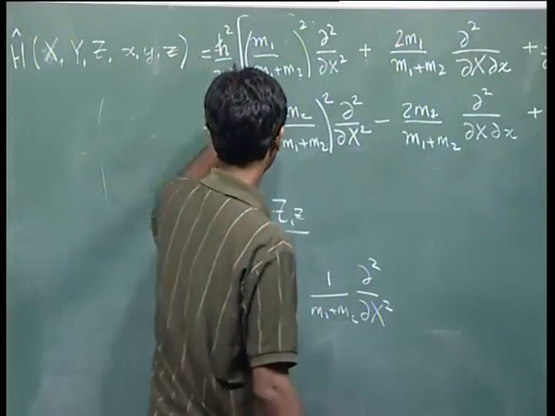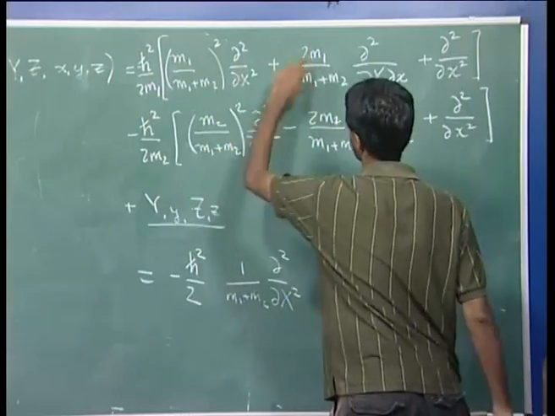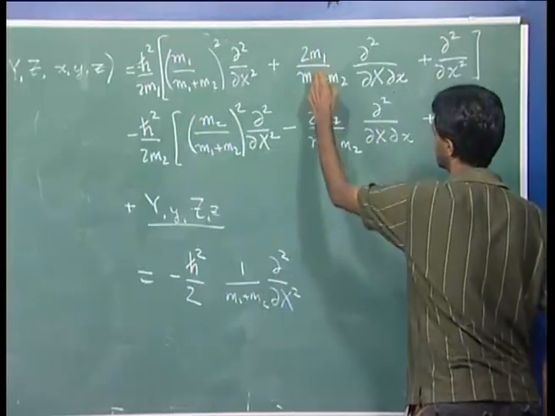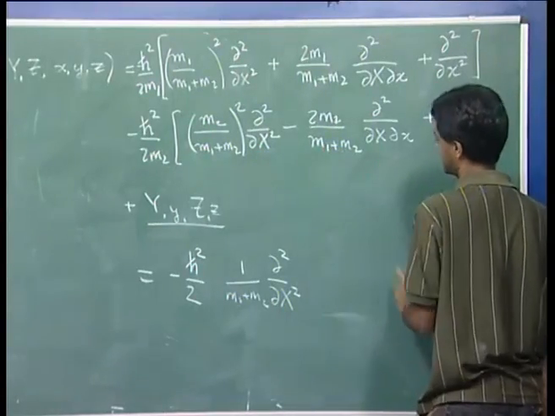Okay. Then what you notice is that these two terms will cancel each other, because here I am dividing by m1, here I am dividing by m2. So, I just get plus 1 over m1 plus m2 and I get minus 1 over m1 plus m2, and they will cancel each other.